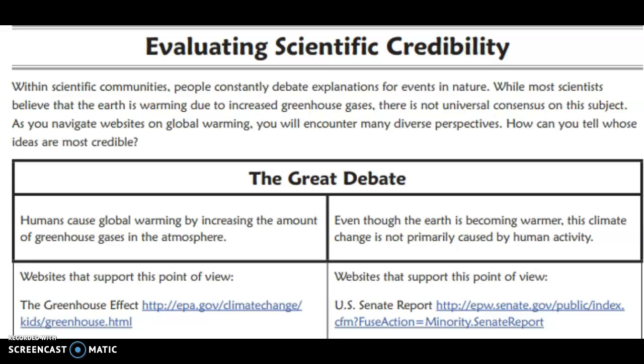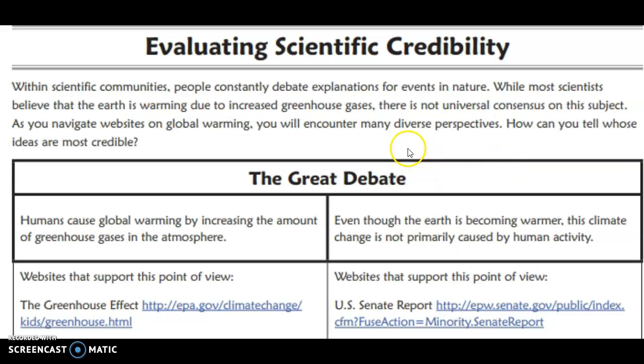So let's look here at the top. It says, within scientific communities, people constantly debate explanations for events in nature. While most scientists believe that the earth is warming due to increased greenhouse gases, there is not universal consensus on this subject, meaning there's not an agreed upon reason. It says, as you navigate, meaning as you look at these websites today on global warming, you are going to encounter many diverse perspectives, many different outlooks, right?